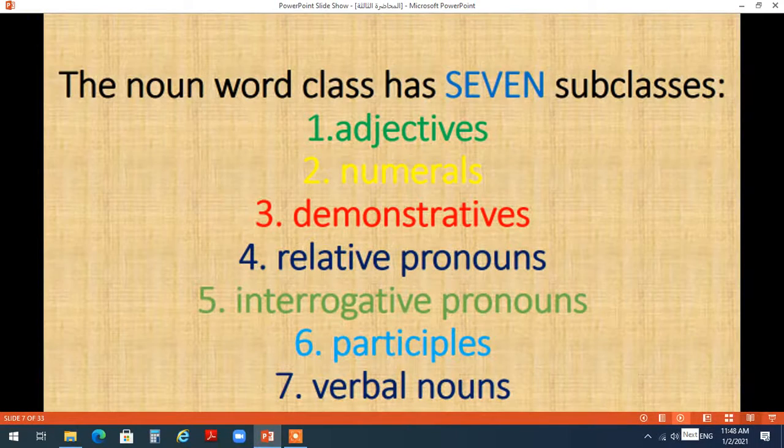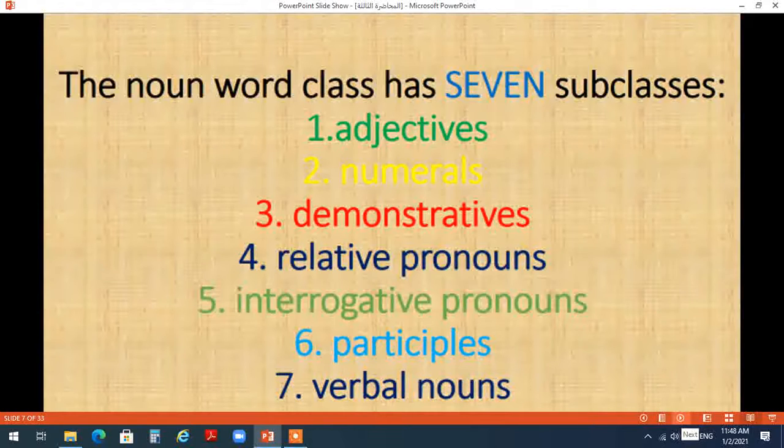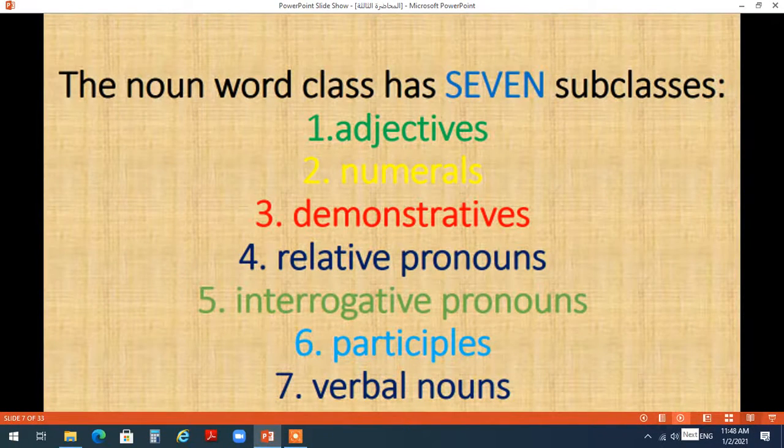So these are the 7 subclasses which are included within the noun category من ضمن فئة الأسماء في اللغة العربية.